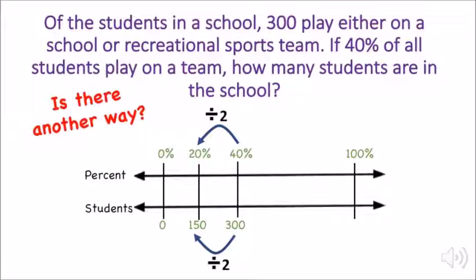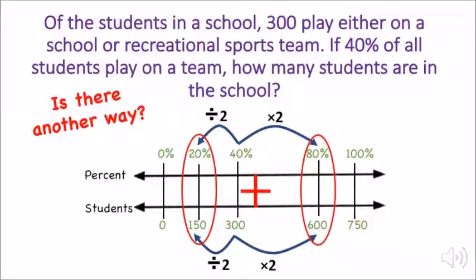One of those may be to find 80% by doubling 40%. Once you know 80% is 600 students, you can add 20% and 80% together to get to 100% or 750 students. By having students look for multiple ways to get to 100%, you are helping them build a full conceptual understanding of benchmark percents.